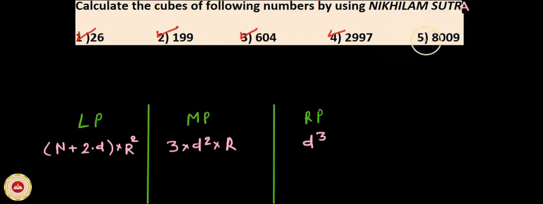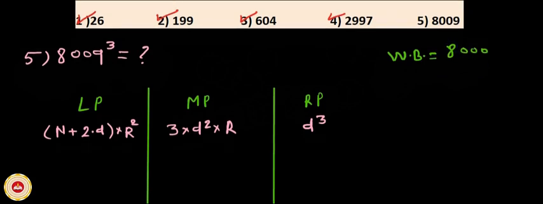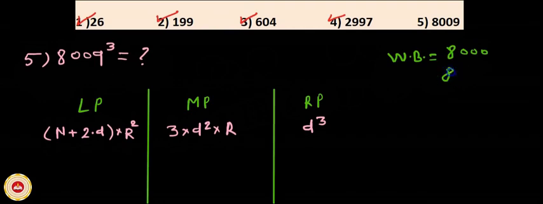Last example, fifth example is 8009. Let us calculate the cube of this number. So, what is the nearest working base for the given number 8009? It is 8000. 8000 means 8 multiple of 1000.